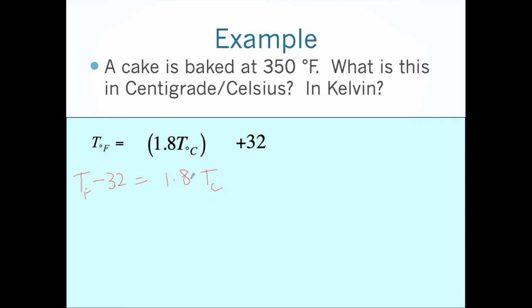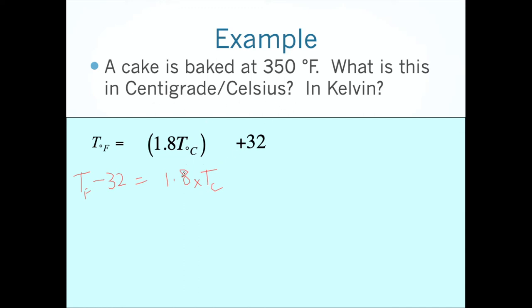By the way, if you write two variables next to each other like this, with no mathematical symbol between them, it's understood to be the same as a multiplication sign. Now remember, I want the temperature in Celsius by itself. That's what I'm solving for.